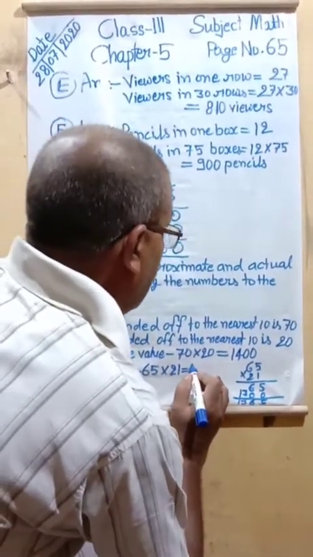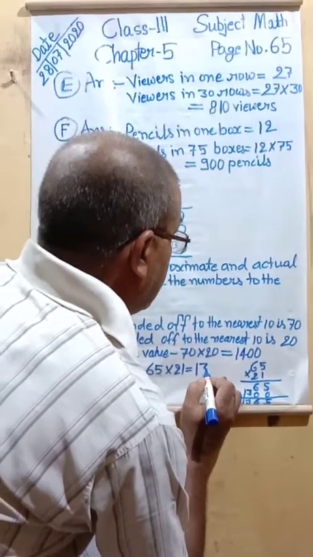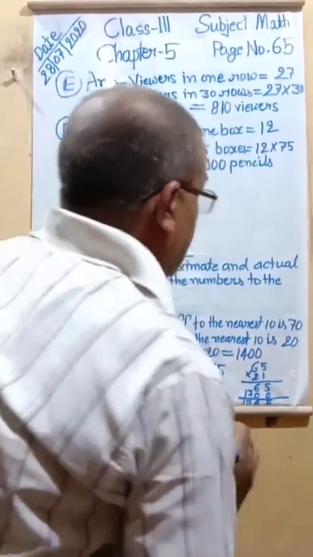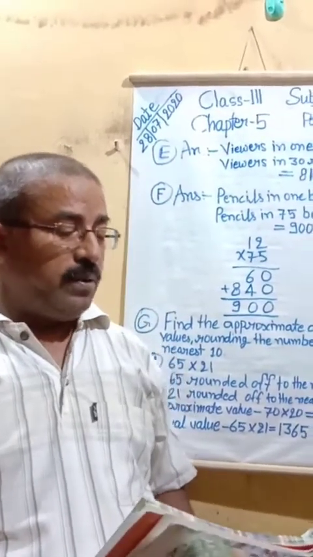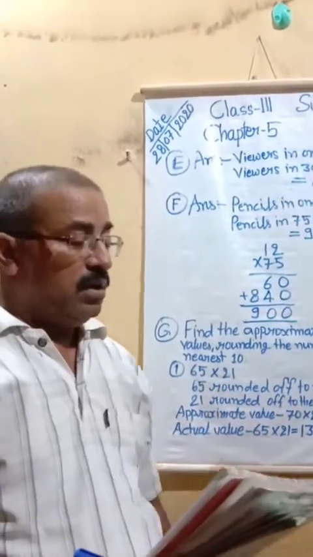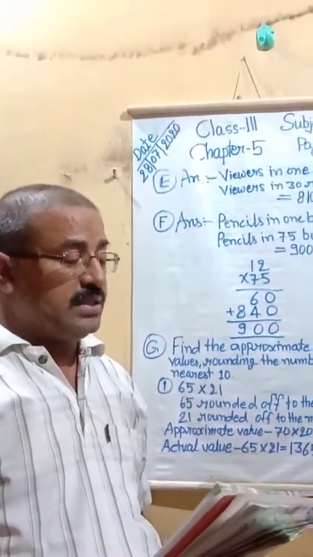Here will be 1365. Now you have to solve like this question 1 to 6.